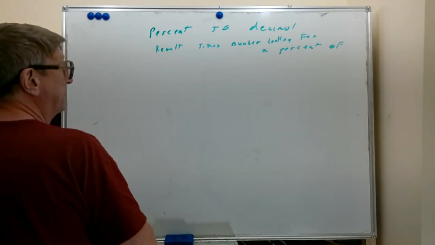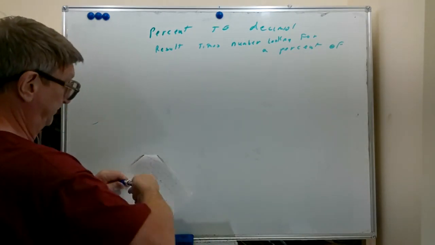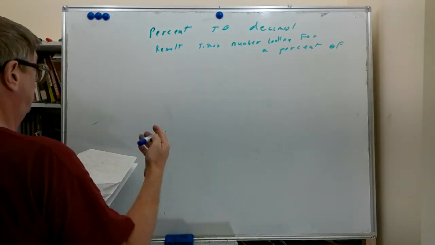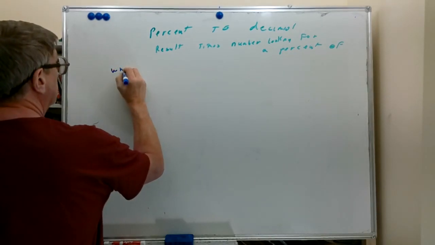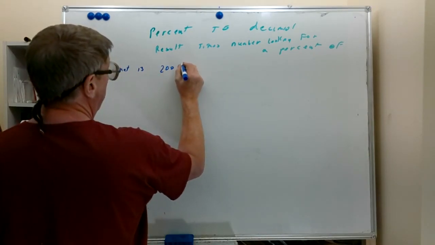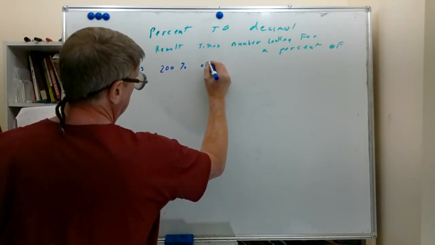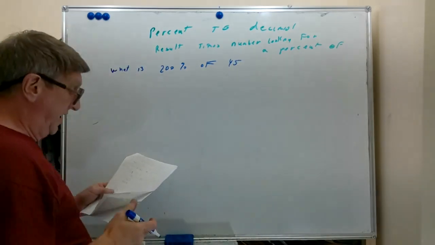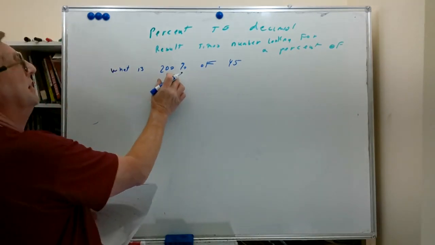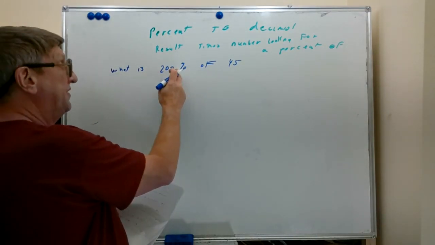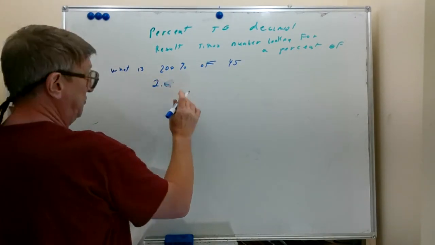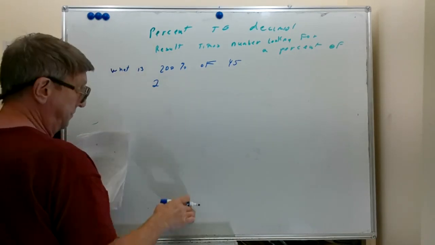So let's ask ourselves another question of very similar type. What is 200% of 45? Okay, first step, change our percent to a decimal. 200%, we move the decimal place 2 places to the left to get 2.00, or just call it 2.